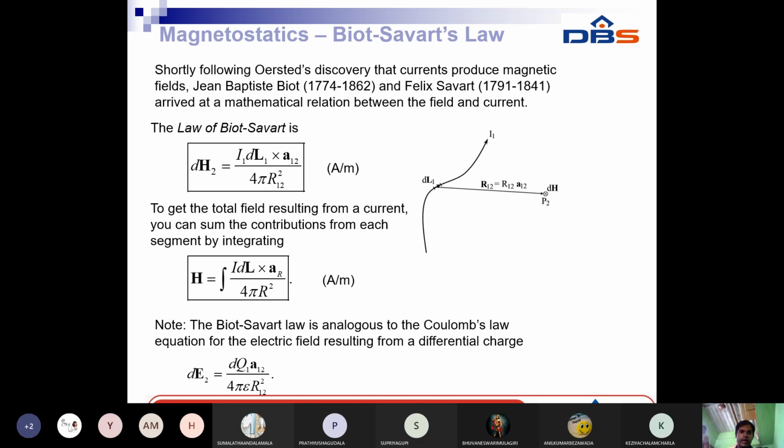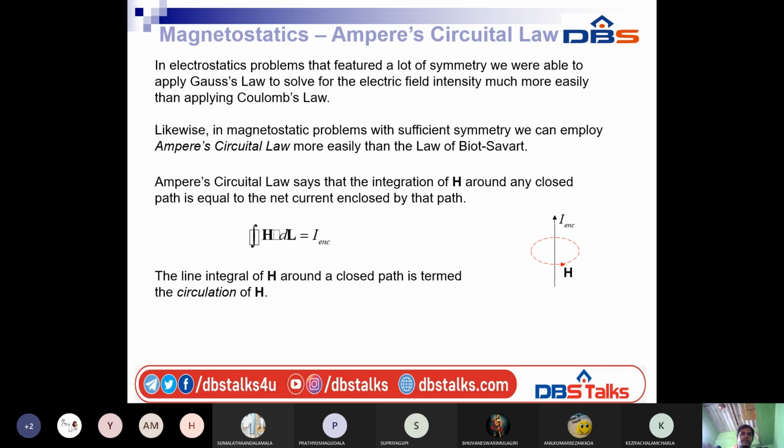And now today, let us discuss Ampere's circuital law. In electrostatics, how much importance has been placed on the Gauss law, similarly in magnetostatics, it is Ampere's circuital law.